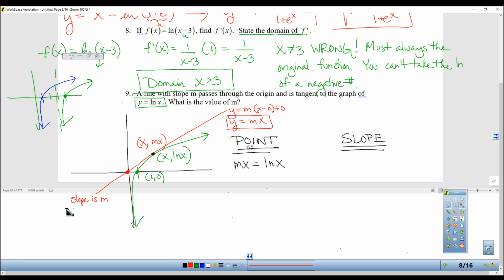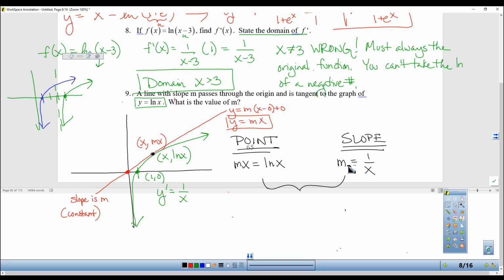It's constant. So there's no formula for the slope, it's just constantly m. For the green curve, we know that there's a formula for the slope. And the slope at any point on this curve is 1 over x, because that's the derivative of ln of x. So now I have a second equation. M from the line is equal to 1 over x. So now I can put these two things together.